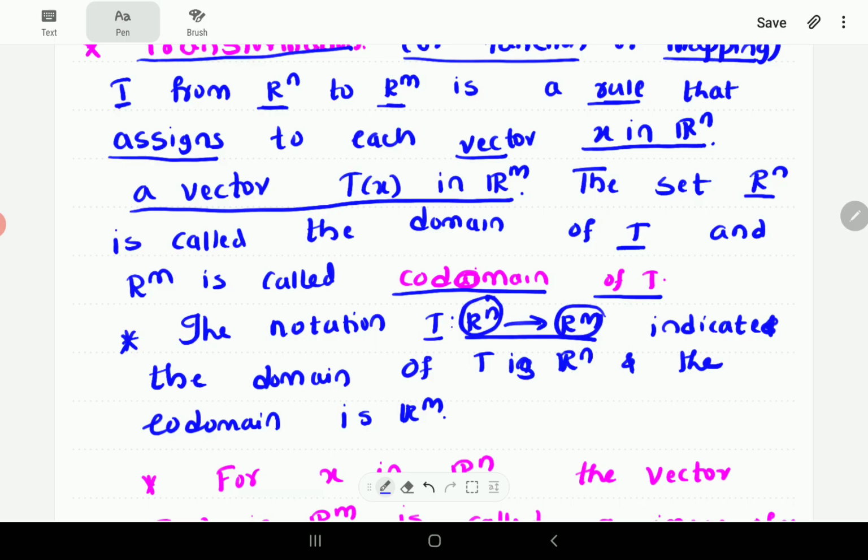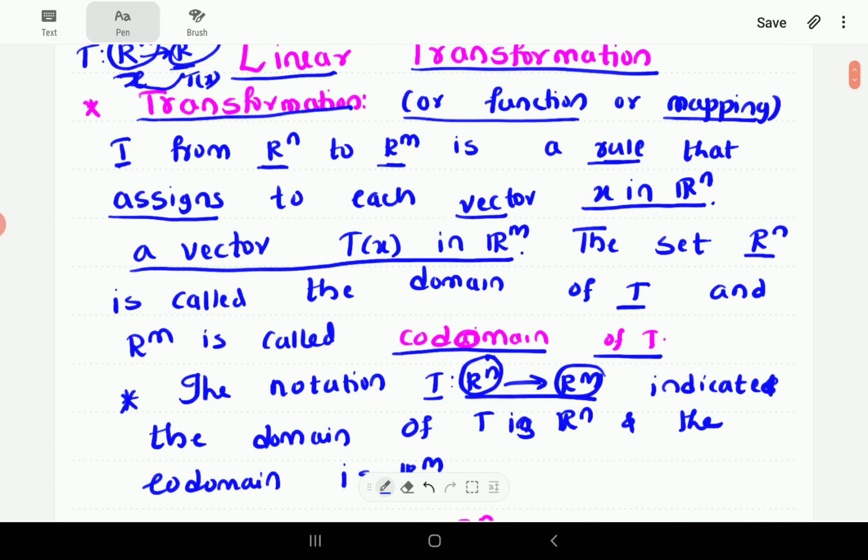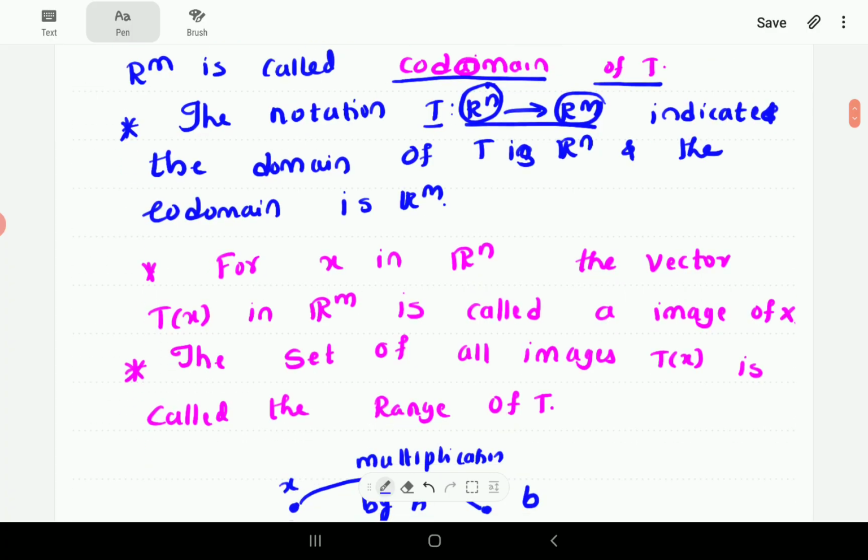Basically, a transformation is nothing but a function or a mapping from one space to another space.